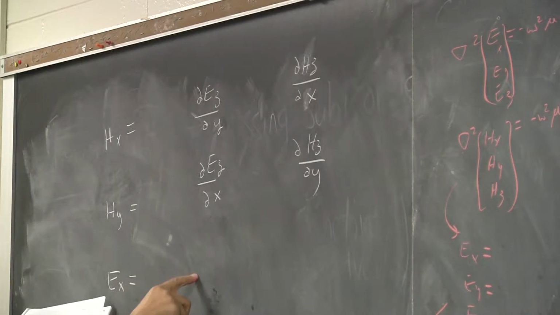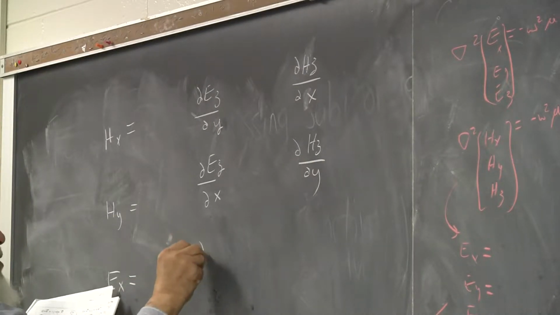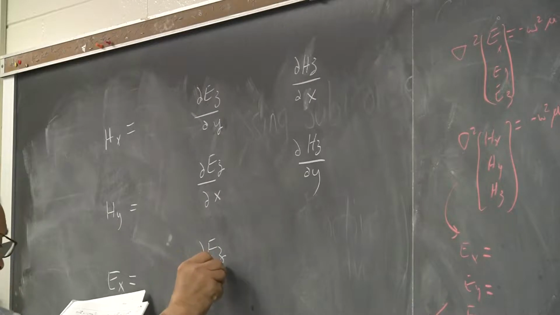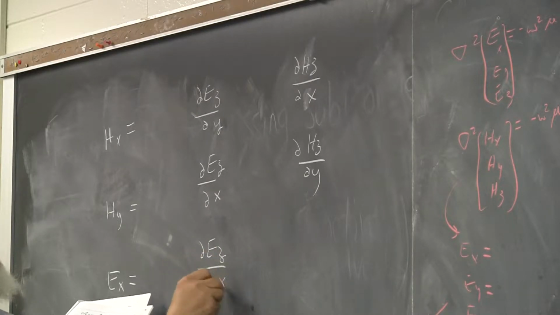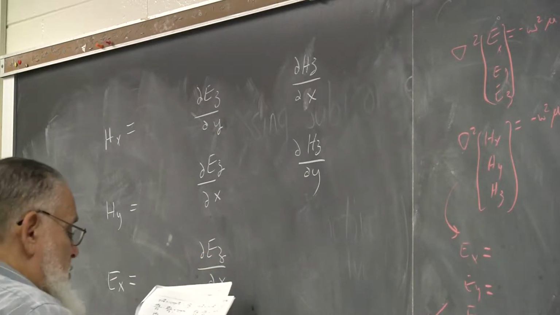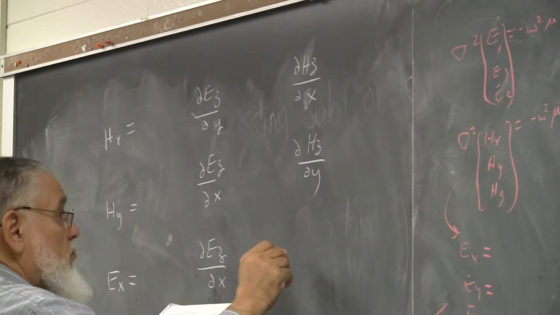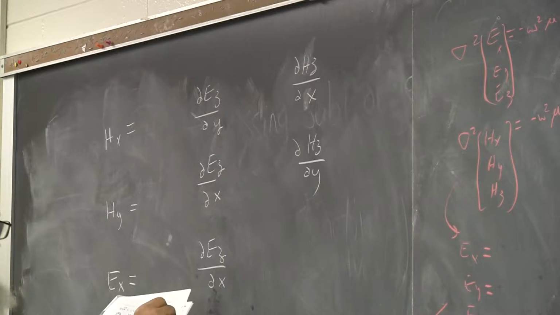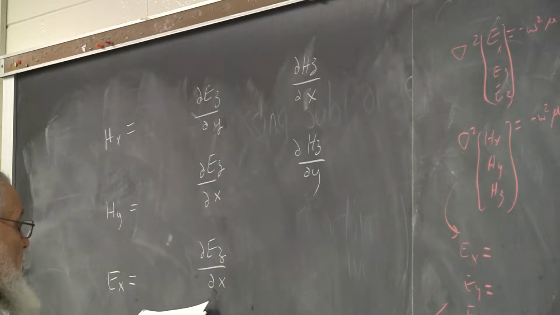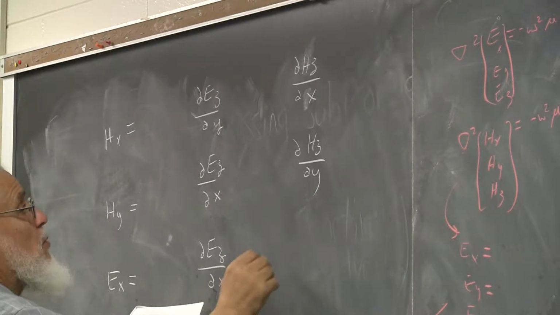And this one, E sub x, will have partial E sub z partial x and partial H sub z partial y.